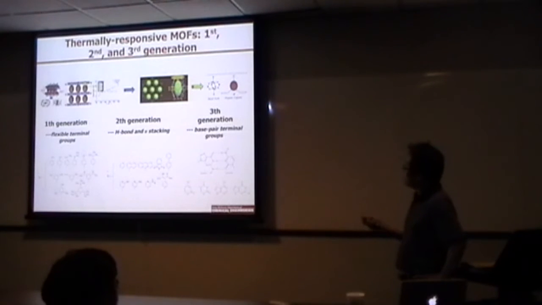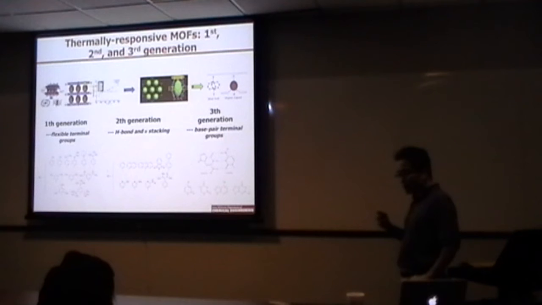First generation is already reported, and the temperature is too low, as I said. Second generation is based on hydrogen bonding and pi stacking interaction, and third generation is based on base pair chemical group interaction. We are still working on it, but it's not that easy. Synthesizing MOFs is not the problem, but getting the desired properties that we expected is kind of challenging.